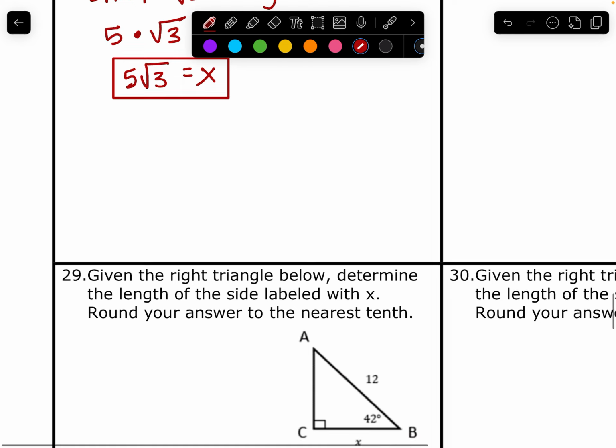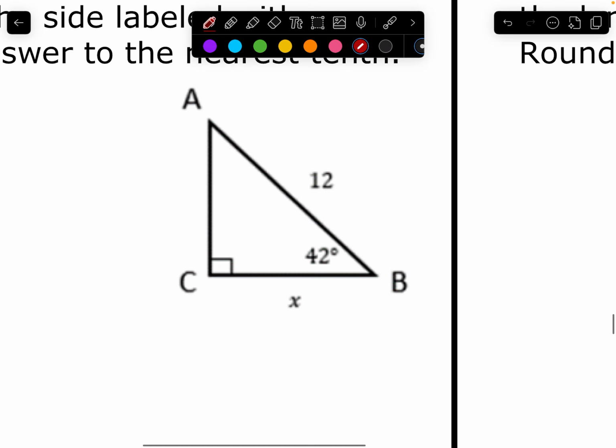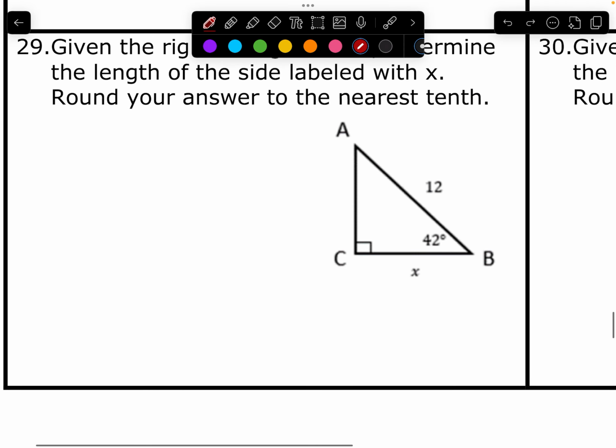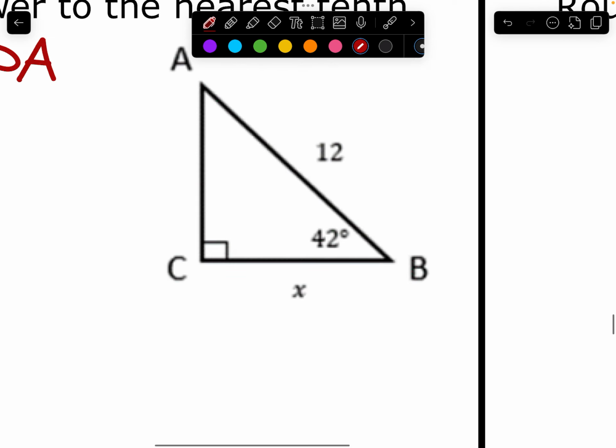All right, 29. Given the right triangle below, determine the length of the side labeled with x. All right, so this is not a special right triangle. It's not 45, 45, 90. It's not 30, 60, 90. So we're going to have to use trig. SOHCAHTOA. So let's label. This is theta.